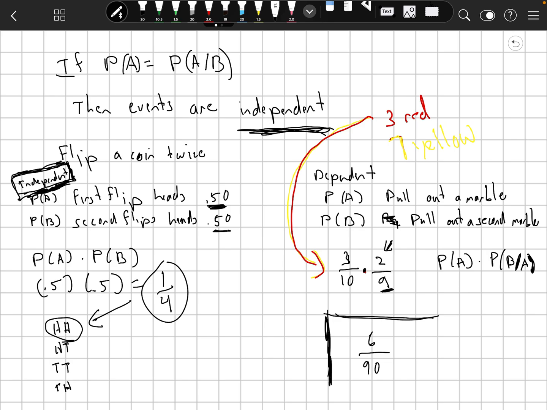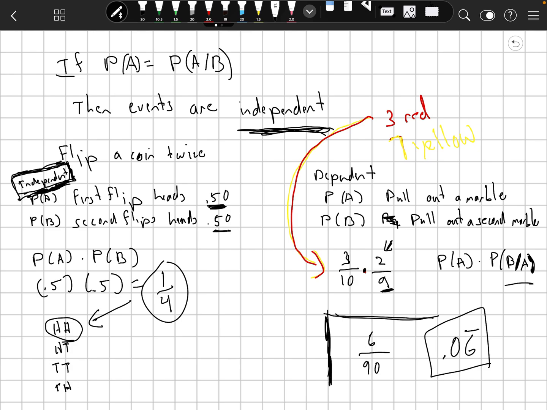We can simplify that, or we can put it in the computer as a decimal, which is probably the easiest way. 6 divided by 90 equals 6.6%. So about a 6 in 100 chance of picking 2 reds in a row.